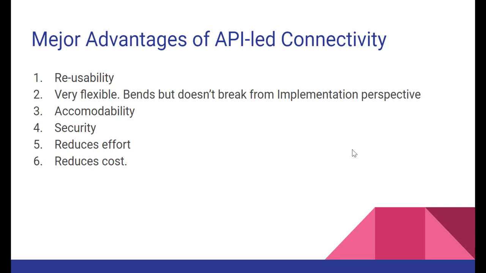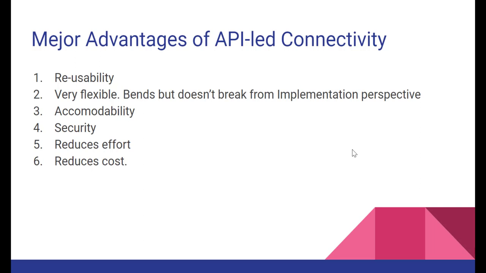whenever a new system is introduced to the application, there is not much change we need to do, just a new system API, and we can bind that API to the existing process API, and everything works fine, right? So it means that it bends but it doesn't break from the implementation perspective.